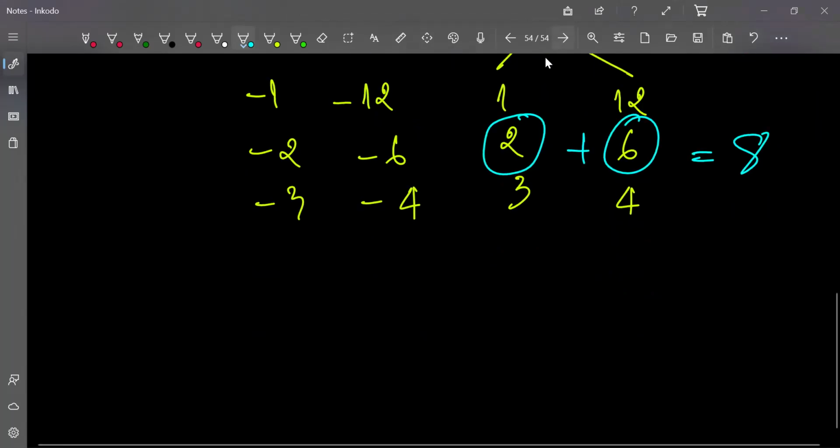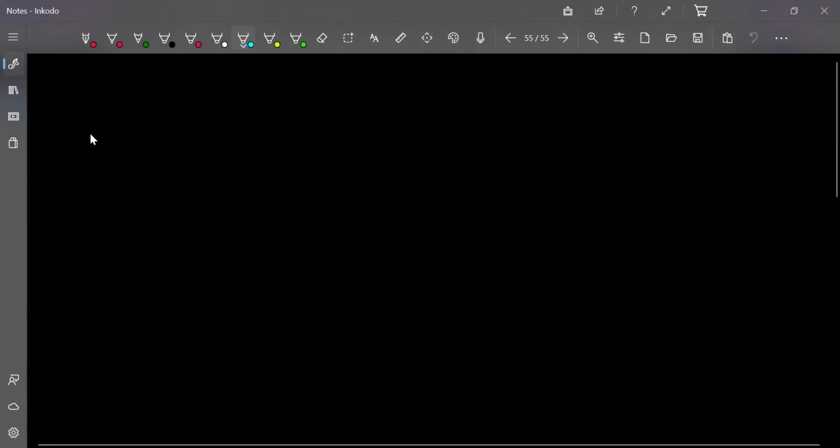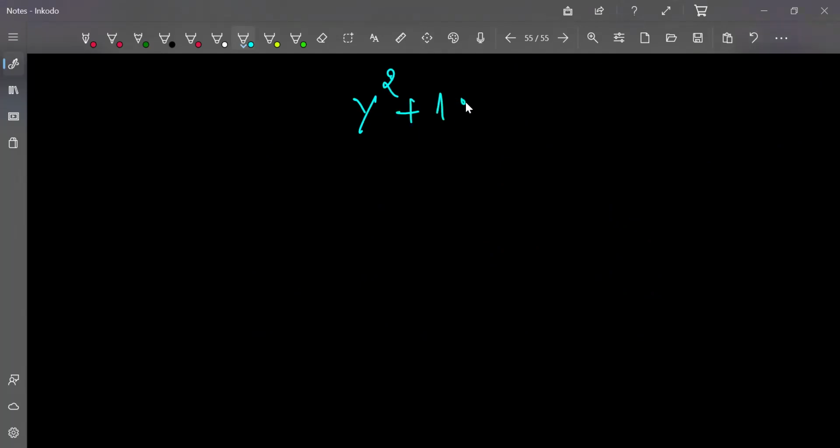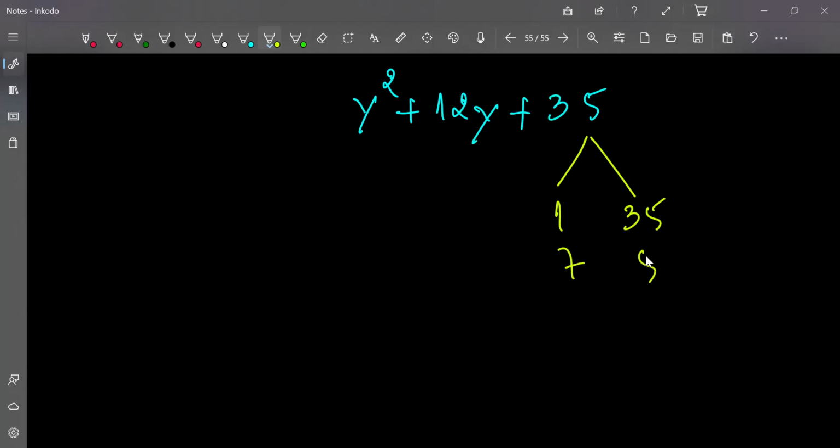Okay, so let's move to another example. If I have y squared plus 12y plus 35. So now 35, I can find the factor pairs: 1 and 35 or 7 and 5.